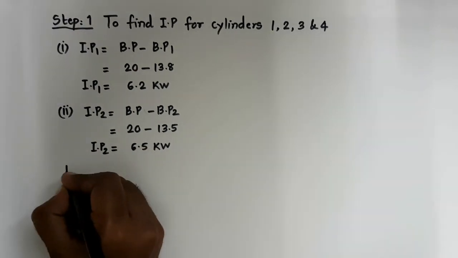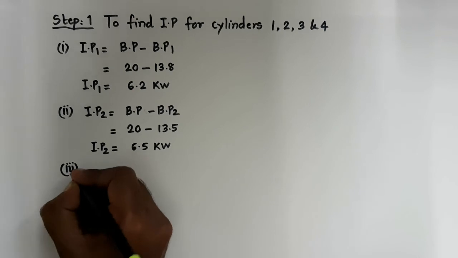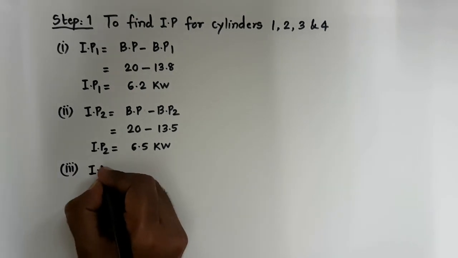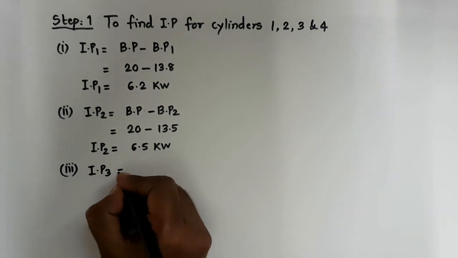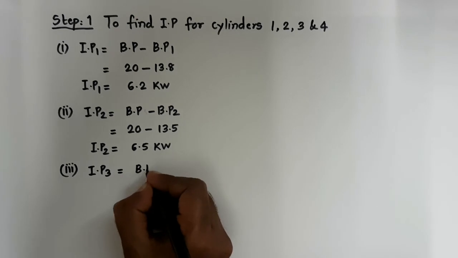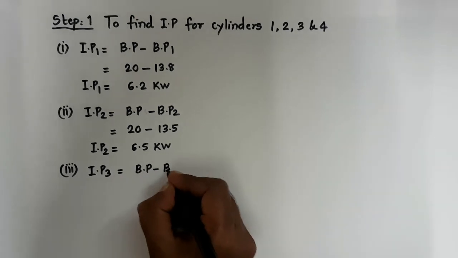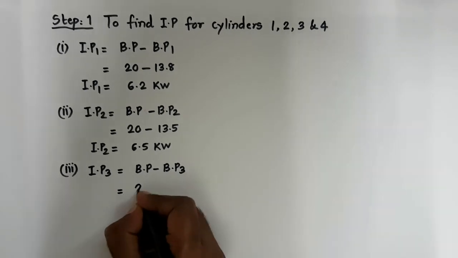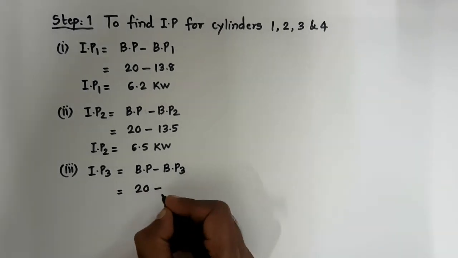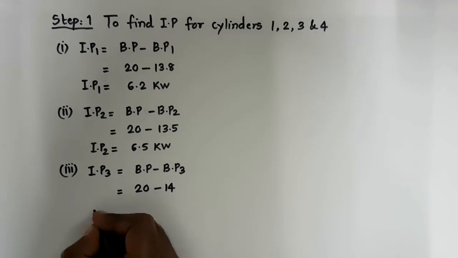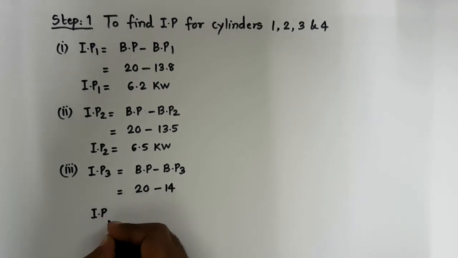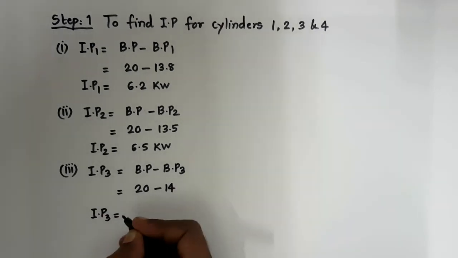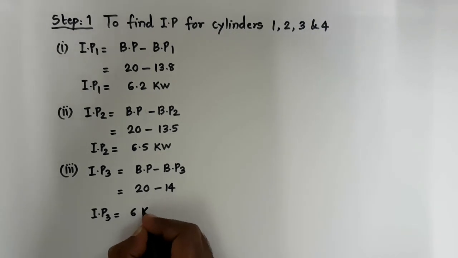Third, IP3 is equal to BP minus BP3. So here 20 minus 14. So the IP3 value we got is 6 kilowatt.